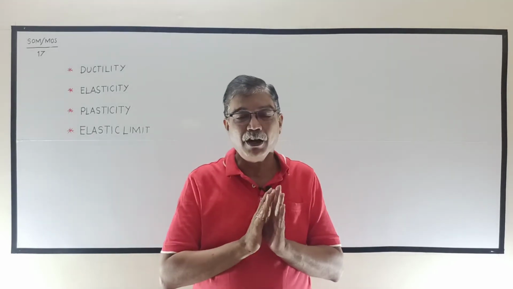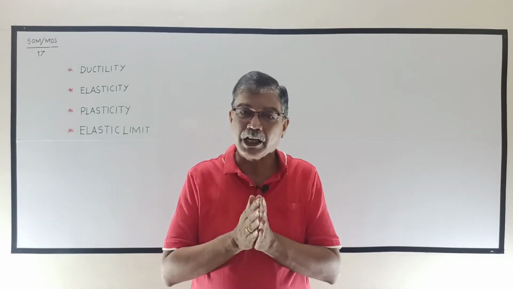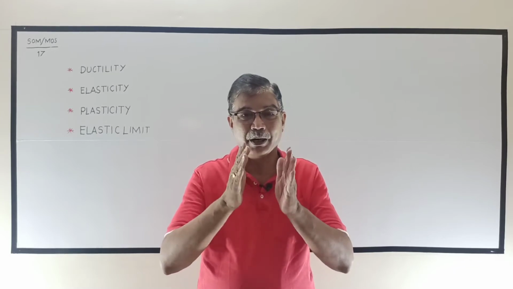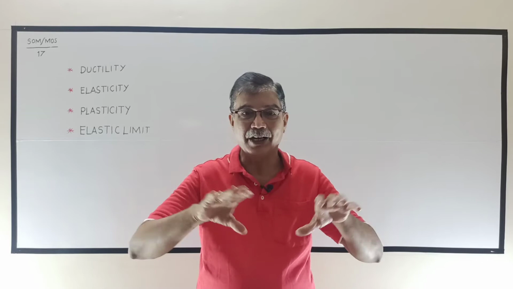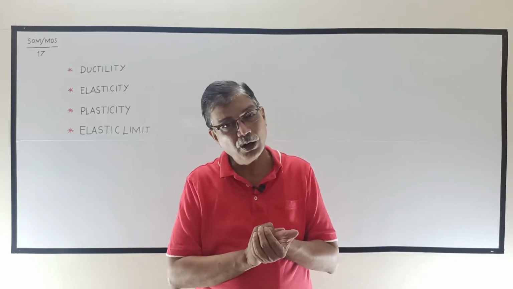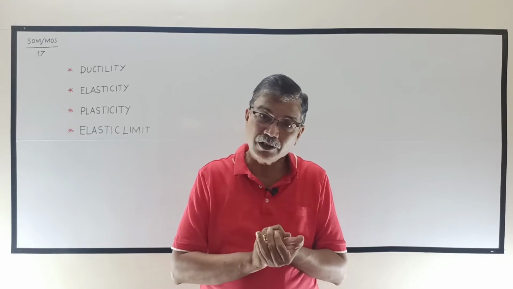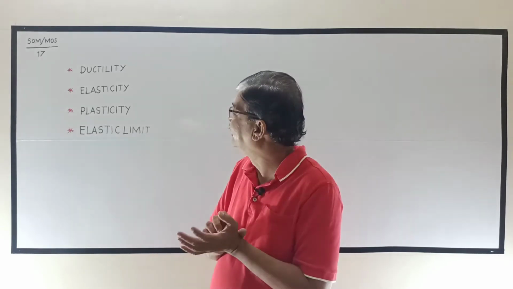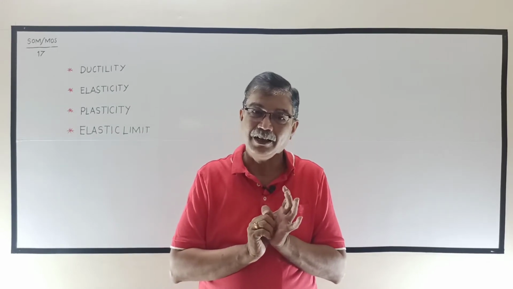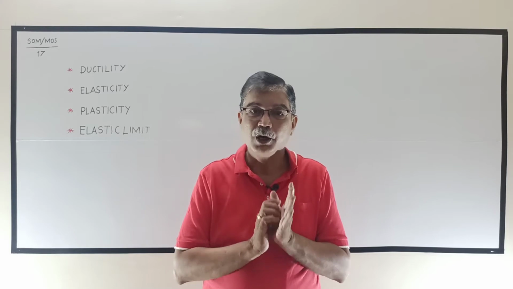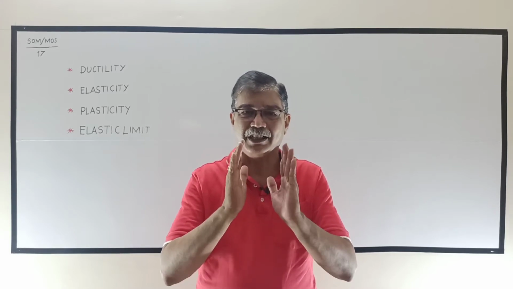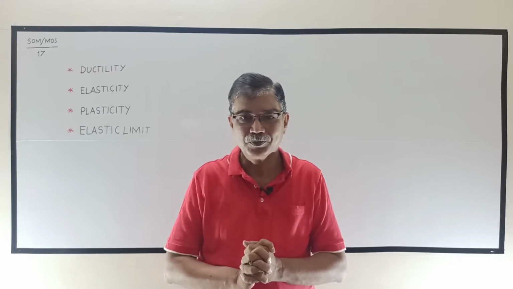So ductility, from civil engineering point of view, it can be used as reinforcing bars, because due to bending it can bend, so it can resist the stresses, and in case of overloading, in case of earthquake also, ductile nature of reinforcement or mild steel helps the structure to become, you can say, earthquake resistant.